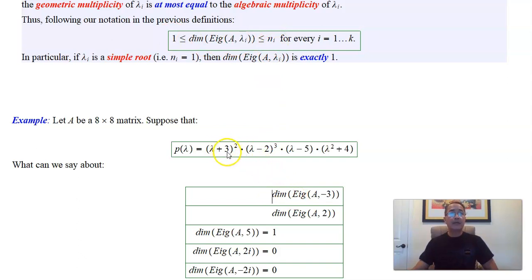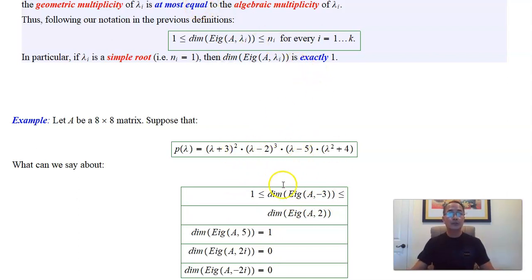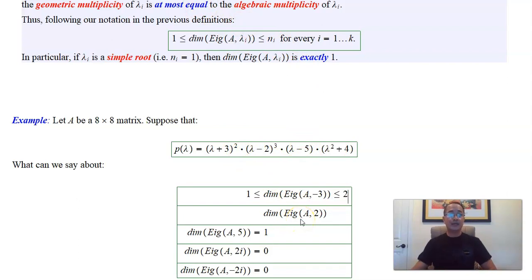This eigenspace, the eigenvalue has power 2 in the factorization, so the dimension is at least 1 and at most equal to 2 for that eigenspace. Okay, and for this eigenspace, for lambda minus 2, it's also again at least 1 dimensional, and this time at most 3 dimensional.